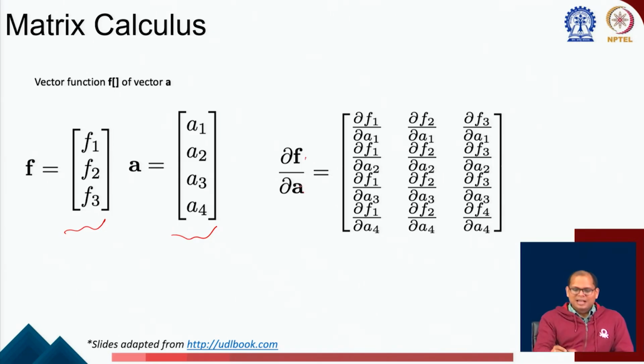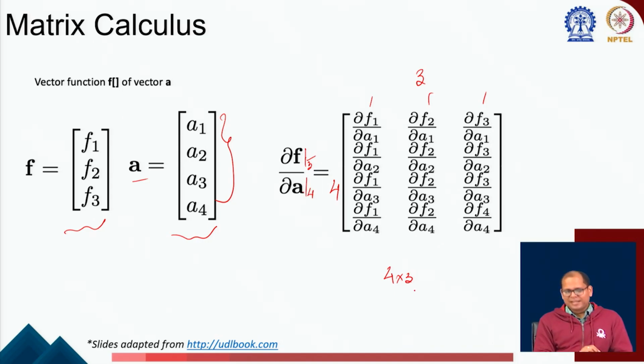In denominator layout, I still follow the same number of rows as the column vector A, so I have 4 rows, and f gets absorbed in the columns, so 3. So f is of 3 dimension and A is 4 dimension, and I get a 4 cross 3 matrix. And this gives me some idea of what I will do with my original question, where I had 2 dimension and 3 dimension. I'll follow this denominator layout.